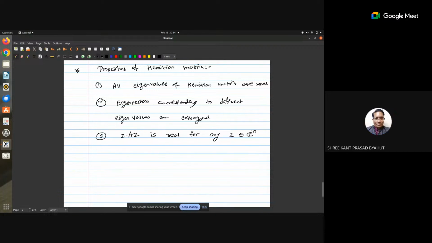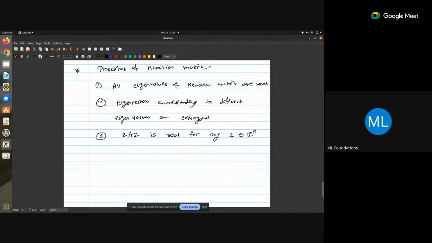Z is a complex vector, not a number. Cn is the complex space, so it is a vector.